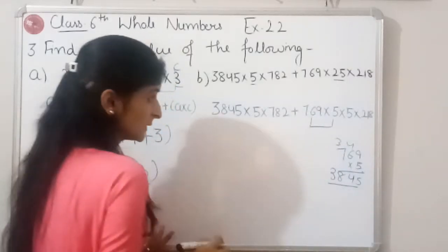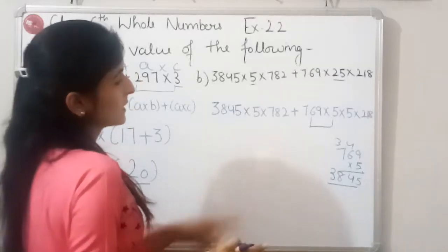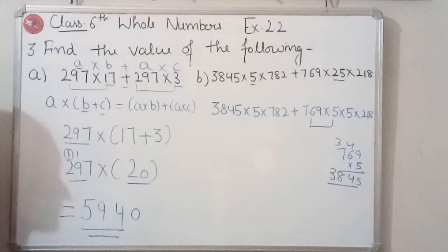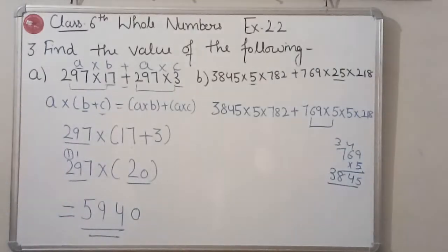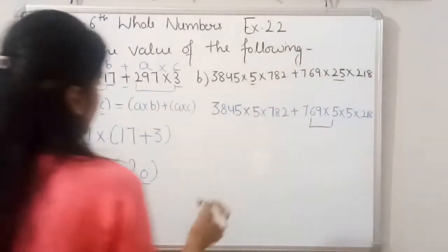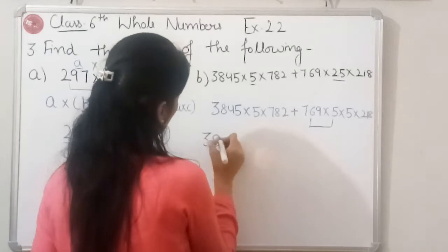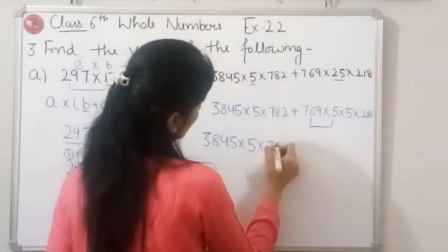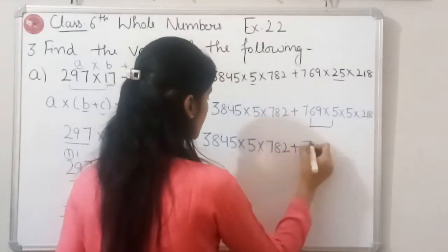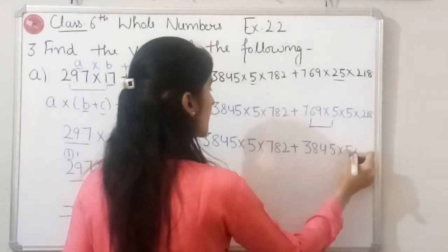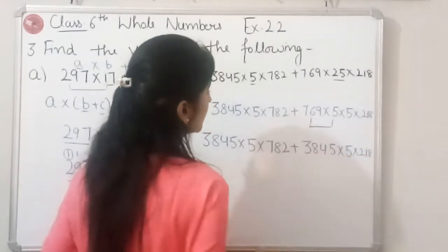Let us write down 769 multiplied by 5 is 3845. So that will be equal to 3845 multiplied by 5 multiplied by 782 plus 3845 multiplied by 5 multiplied by 218.